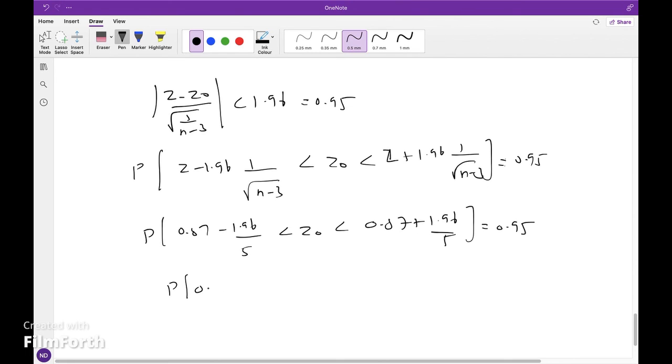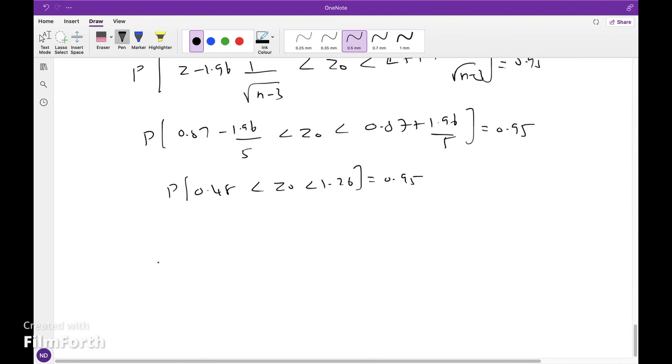So the probability of 0.48 < z naught < 1.26 is equal to 0.95. But z naught is 1/2 log of (1 + rho)/(1 - rho) base e, so 0.48 < z naught < 1.26 with probability 0.95.